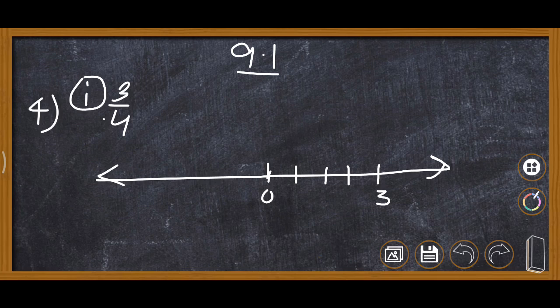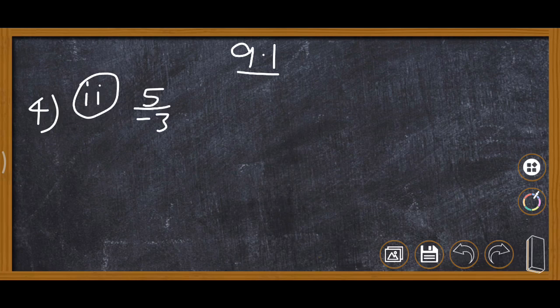Means according to the denominator you draw lines, and according to the numerator you write here. Then the first one will be 3 upon 4.